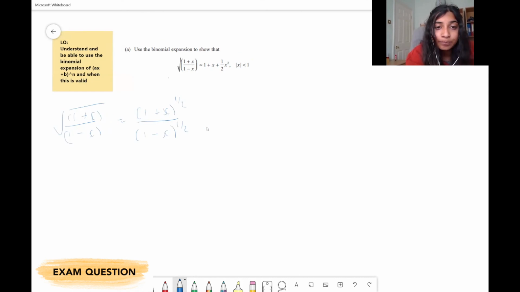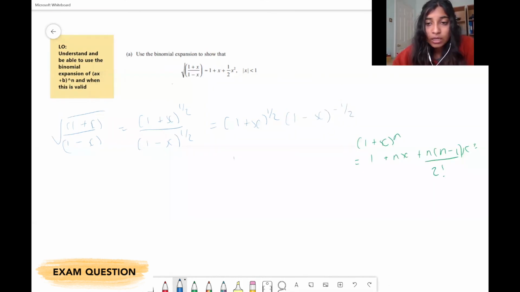And then to get it all in one line, we would have 1 plus x to the power of half, and then this, if it's a fraction and it's to the power of half, that's just minus half. So we get 1 minus x to the power of minus a half. Now we can just do each of these expansions. So using the formula here, we can do the binomial expansions for both terms.